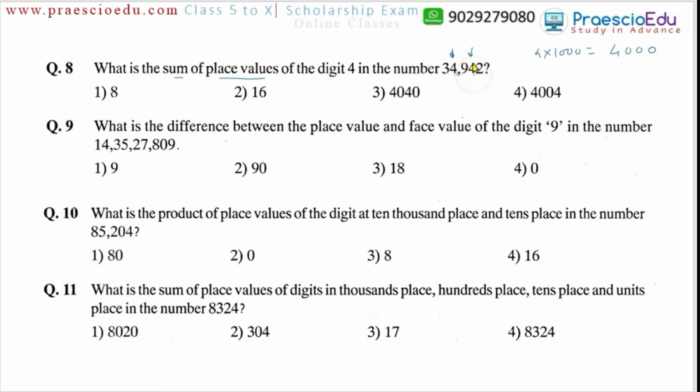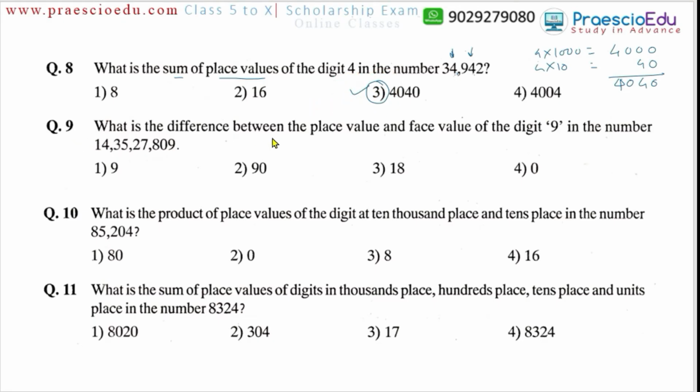Here 4 is multiplied by the tens position, so 10 multiplied by 4 gives place value 40. If we add these, we get 4040. This is given in option number 3.